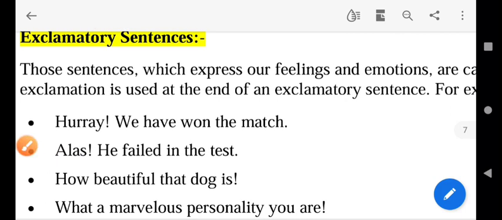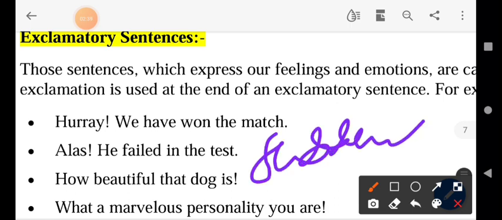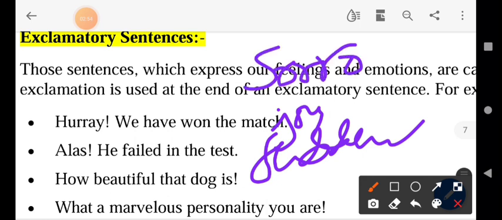An exclamatory sentence expresses a sudden outburst of some emotions such as joy and sorrow. Not only joy, sorrow or sad, contempt.